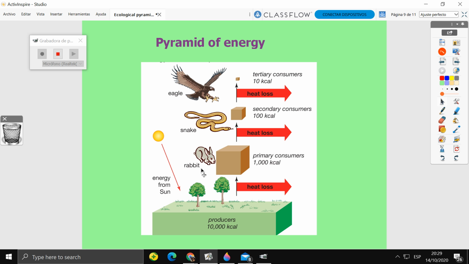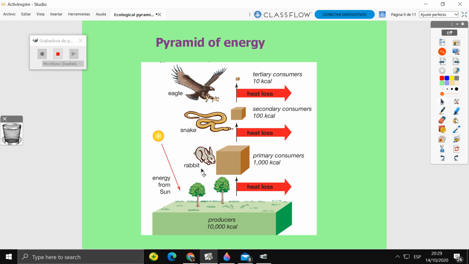So let's concentrate on this. A pyramid of energy always has a wide base, like a pyramid, because the producers need to accumulate a lot of energy to support the rest of the trophic levels. In this picture, you can see that most of the energy is lost by which processes?